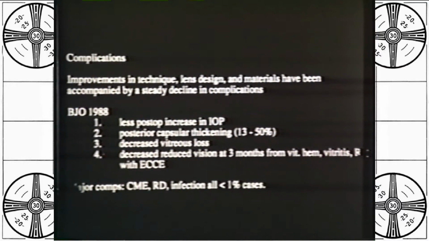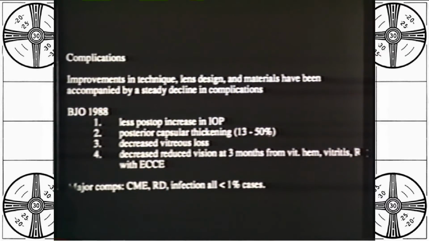And this study from the British Journal of Ophthalmology compared recent improvements in technique, lens design, and materials to the old techniques and said, yes, there has been a steady decline in complications, less post-operative glaucoma. Now what we are seeing is some posterior capsular thickening.